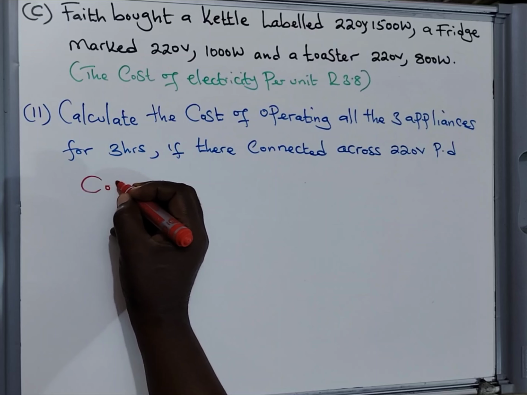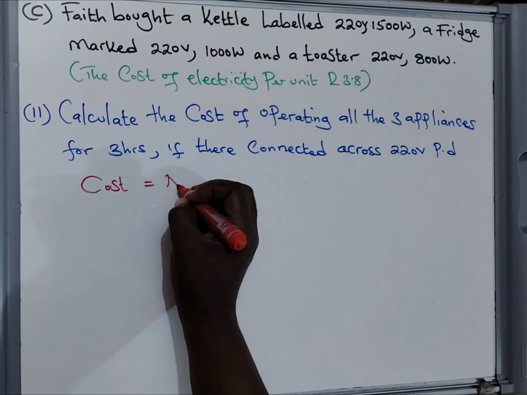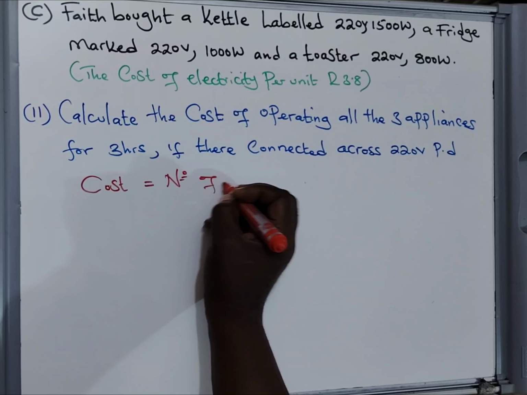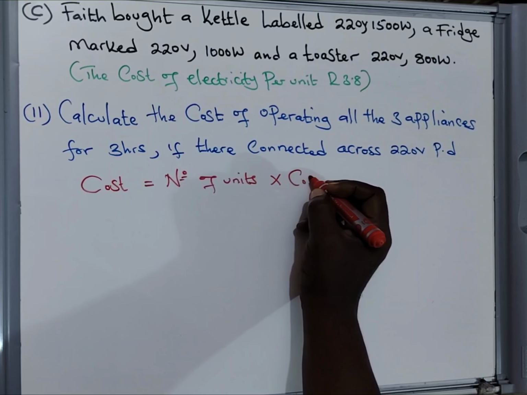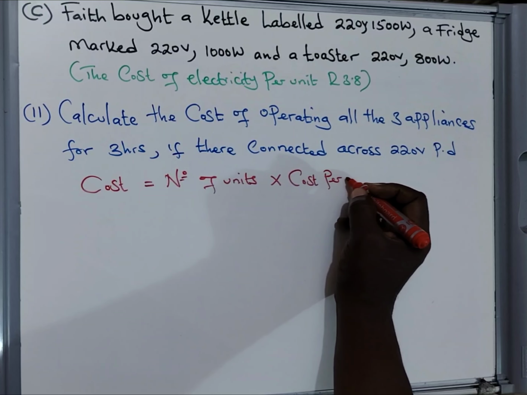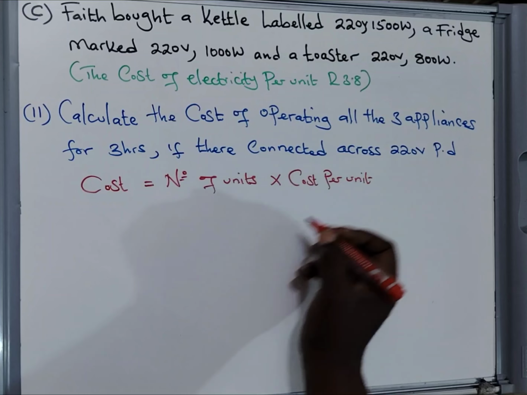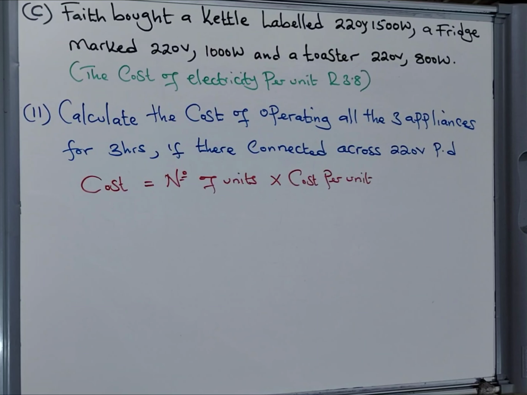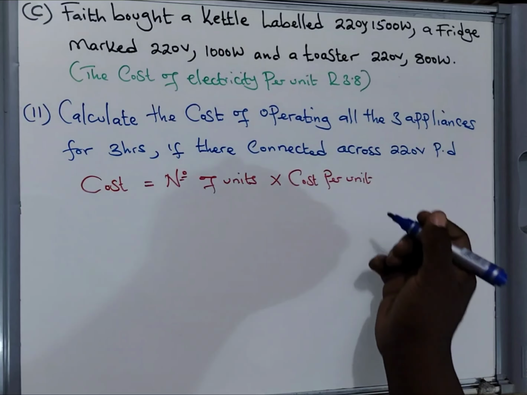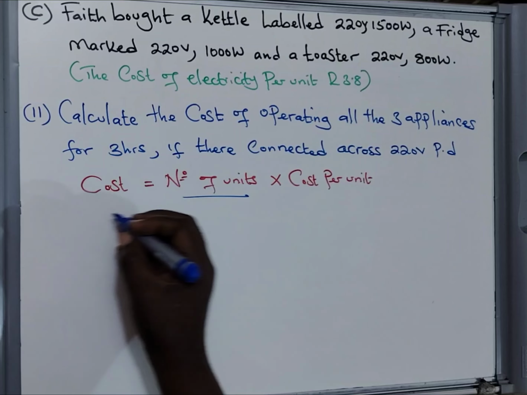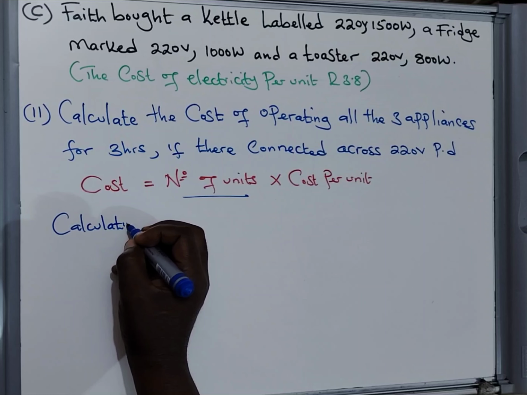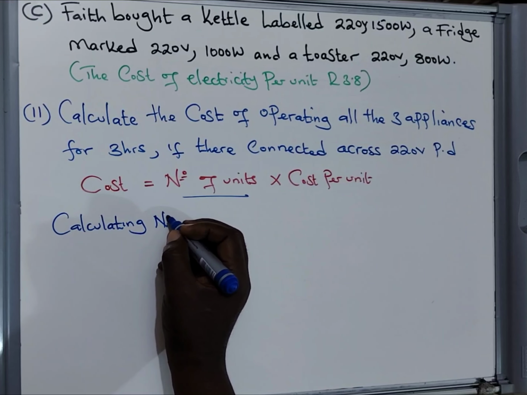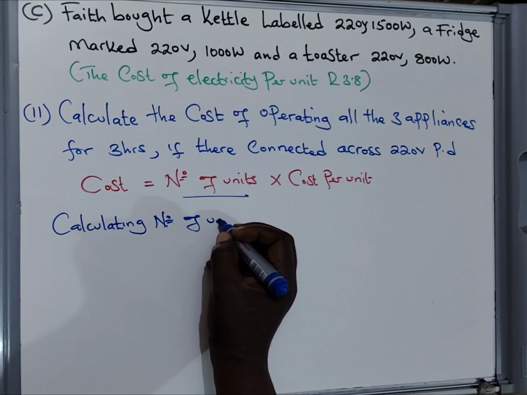Remember, we said cost is equal to number of units times cost per unit. So what do we do here? We calculate number of units. So you say calculating number of units consumed.